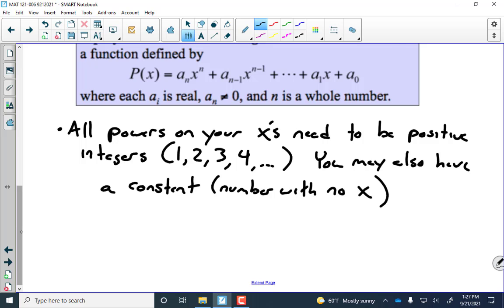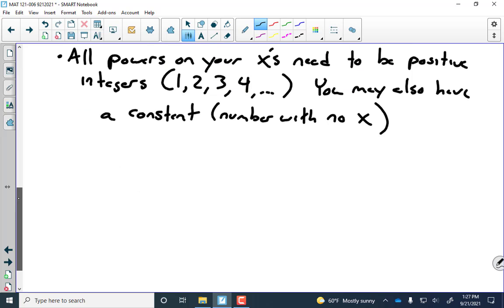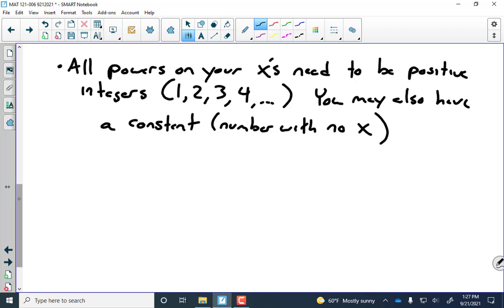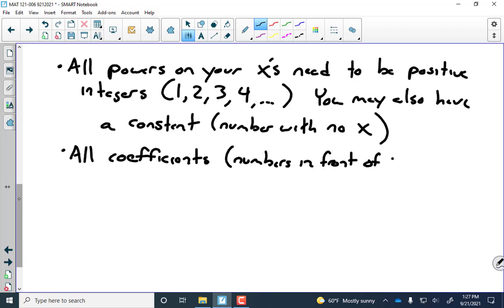So far, so good. The other one's a little bit trickier. The other condition is this. All the coefficients, which is just a fancy way of saying the numbers in front of the x's, and your constant at the end, must be real, meaning you don't have any i's or square roots of negatives. There won't be anywhere in the initial equation.